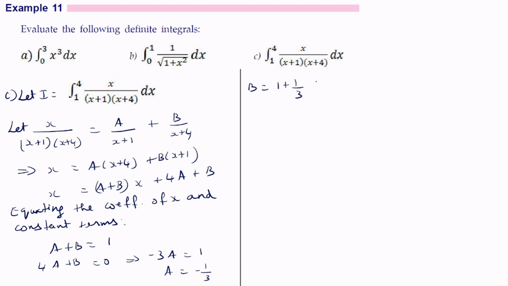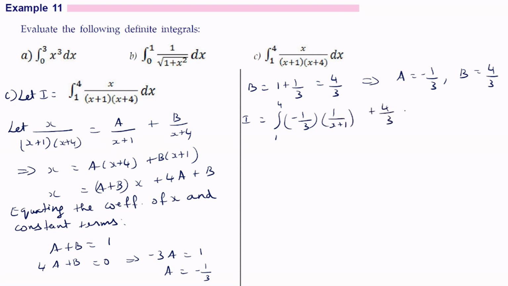So it is 1 plus 1 by 3, which is 4 by 3. So we get a as minus 1 by 3 and b as 4 by 3. So this we can substitute for a and b and we can integrate. I is equal to integral 1 to 4 of minus 1 by 3 into 1 by x plus 1 plus 4 by 3 into 1 by x plus 4 dx.